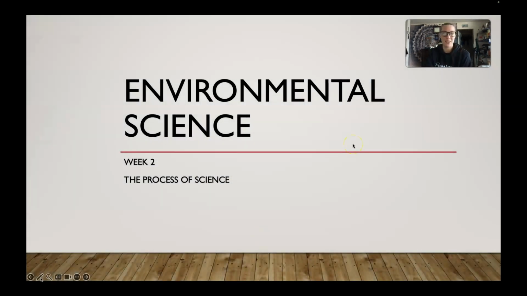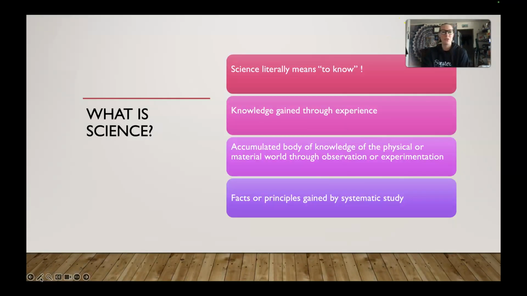So, the process of science. The first thing to consider, of course, is what is science? The term science literally means to know. That is the basic definition of science: to know. As scientists, we gain knowledge through experience. We experience things in our everyday lives.